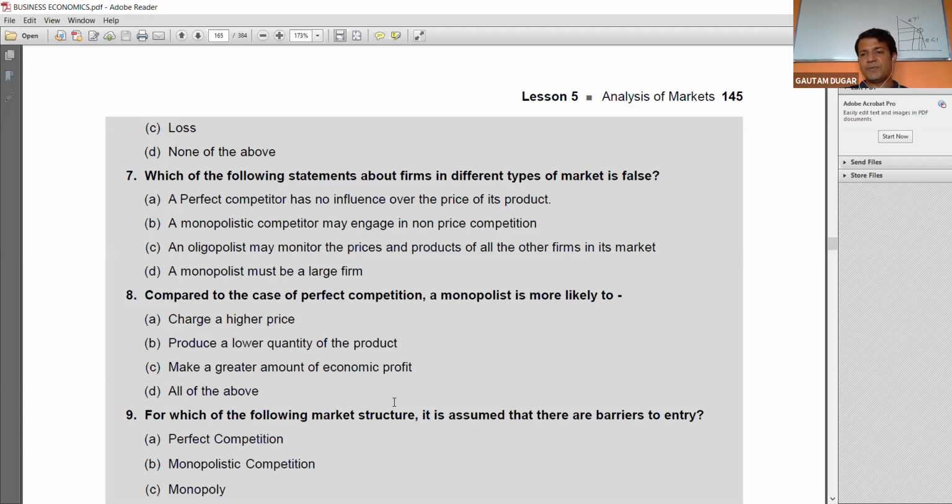Monopolist must be a large firm. Which of the following statements is false?